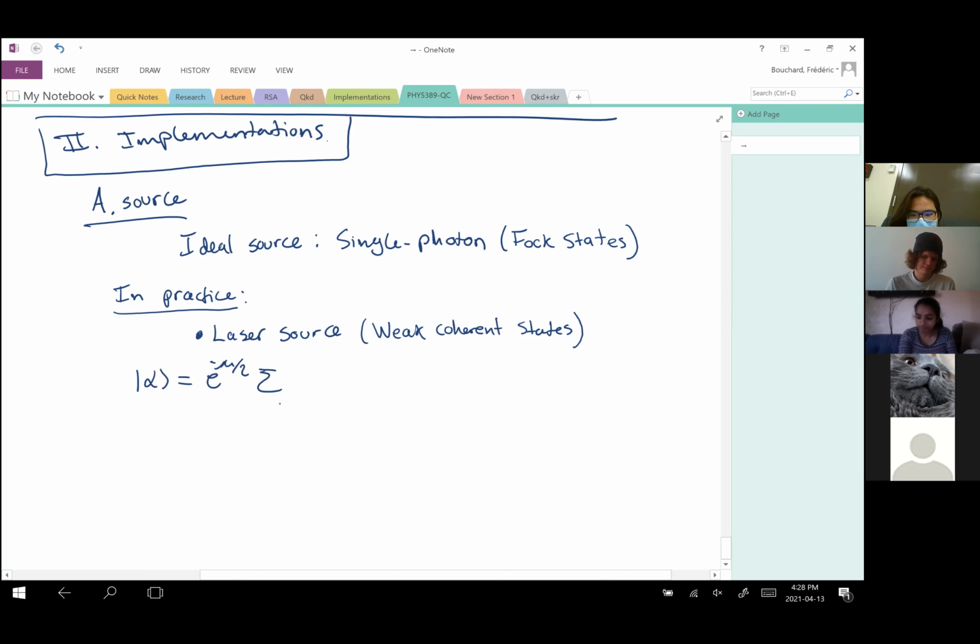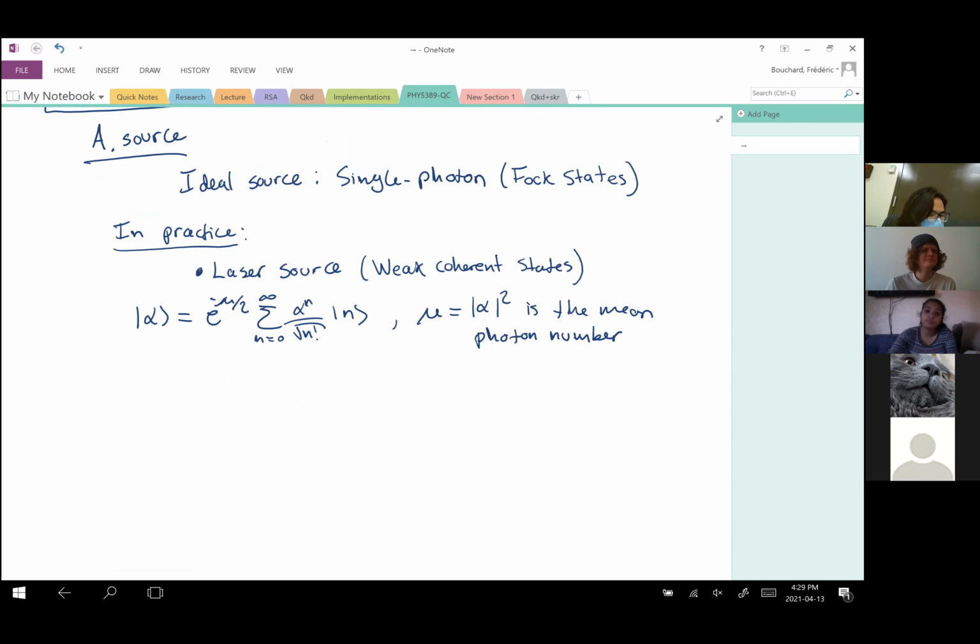Probably know it by heart by now. Alpha to the n squared over n factorial. Then as you know, mu is the mean photon number. People thought, okay, if we take a laser, we attenuate it, set mu close to 1, that's pretty much a single photon source.